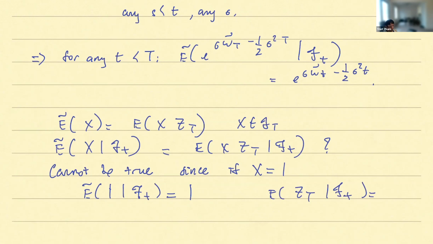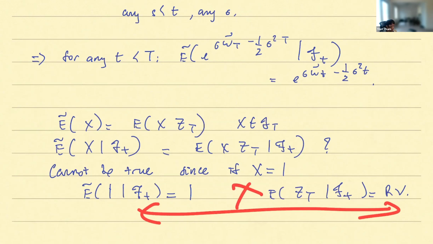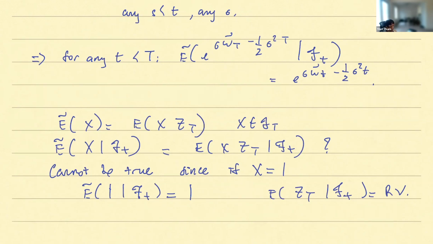Well, you don't know what it is, but it will be a random variable. It will not be a constant. Agree? If Z is some random variable, which is what we assume it is, then it cannot be the same. And this is enough to show that there's something wrong with the formula. Is that okay?